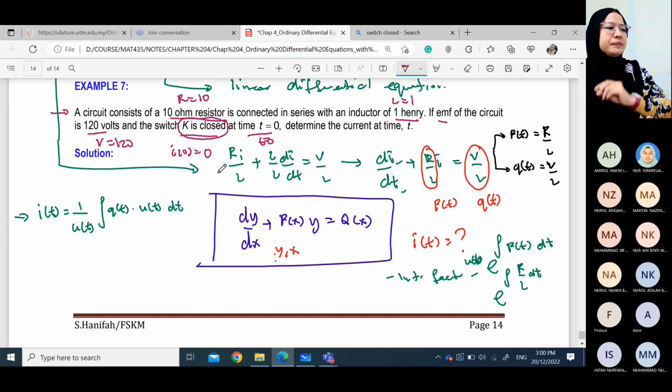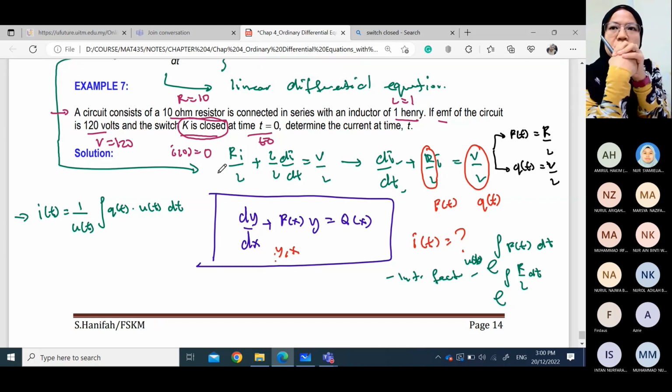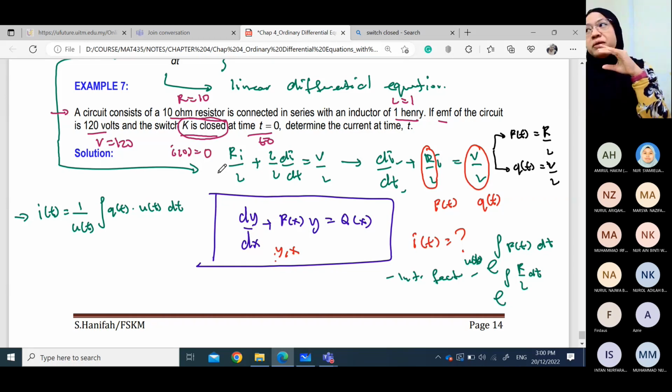Dengan ayat ni dia kata switch K is closed at time equal to 0, so means that switch tutup. Bila tutup switch, kita ambil contoh lampu, bila tutup switch tu, so there is no current. Mati.